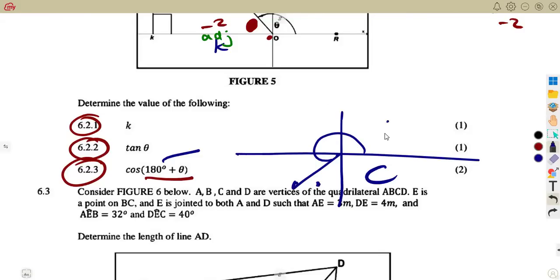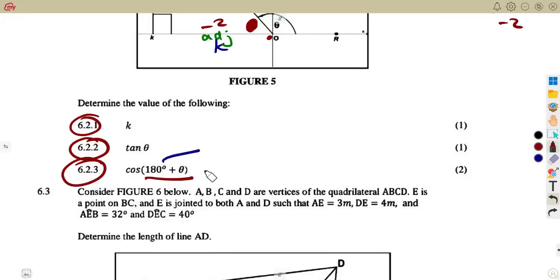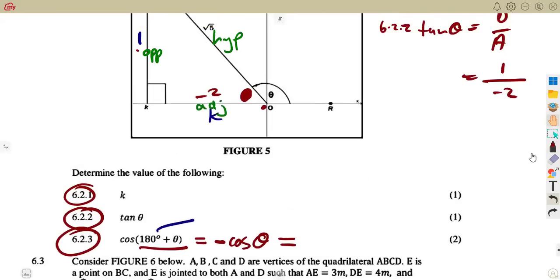And from our CAST, right? Remember our CAST concept. In this third quadrant, cos is what? Cos is negative there. It is the quadrant for tan. So cos is negative. So this one will give us minus cos theta. You reduce it first, then you can apply your ratio. Now, what is the ratio for cos?